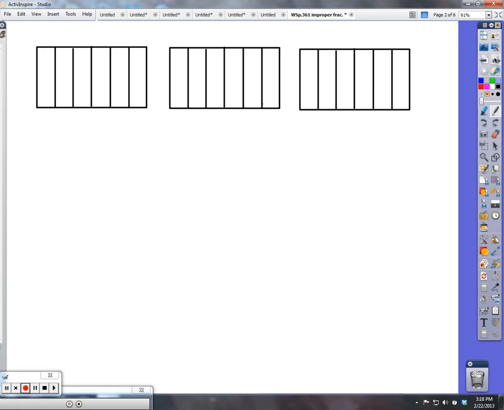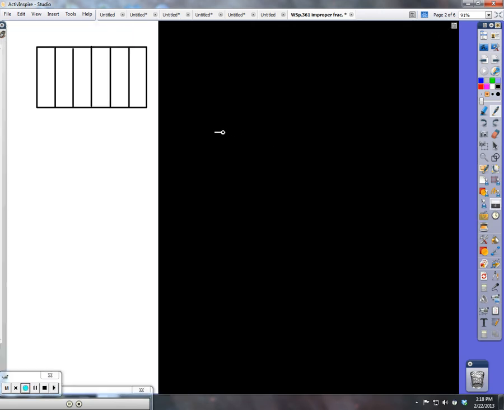Next, we're going to look at some models of improper fractions and mixed numbers. Let's first begin with this rectangle that is divided into 6 parts.